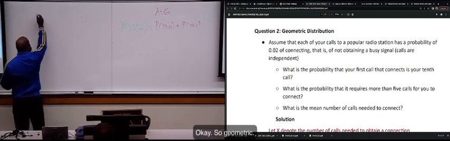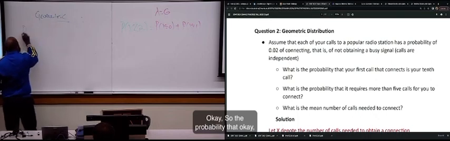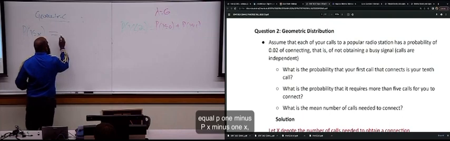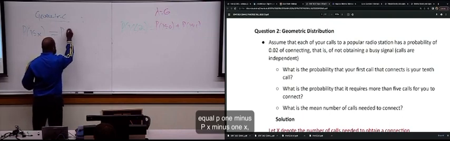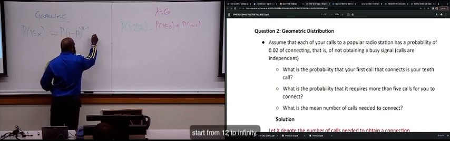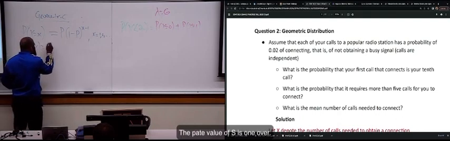Okay, so geometric, the probability of that equals p times (1 minus p) to the power x minus 1, x starting from 1, 2 to infinity. The expected value of x is 1 over p.